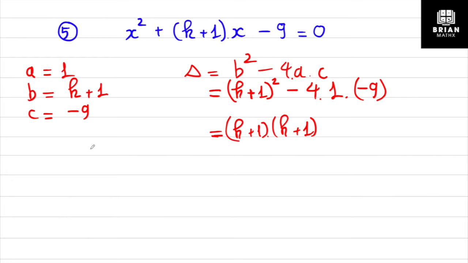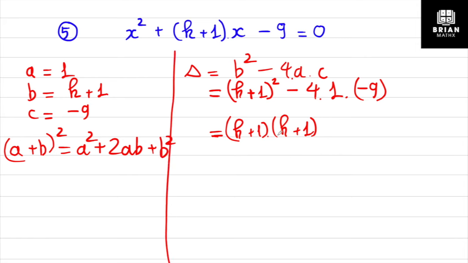But if you know the formula (A plus B) squared equals A squared plus 2AB plus B squared, maybe you will work this exercise quicker. If you don't know this expression, I will send you a video about the 3 algebra identities. It is very useful for learning about quadratic equations.